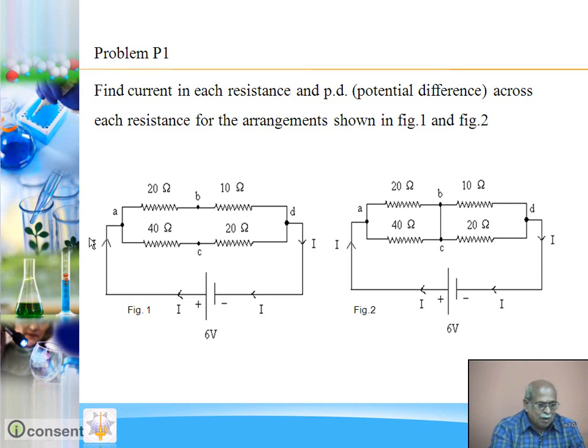Similarly, 40 and 20 ohm resistances are in series. So equivalent resistance from A to D in this branch will be 40 plus 20, 60. Then this 30 ohm and this 60 ohm will be in parallel. So what will be equivalent resistance of the complete circuit of figure 1?